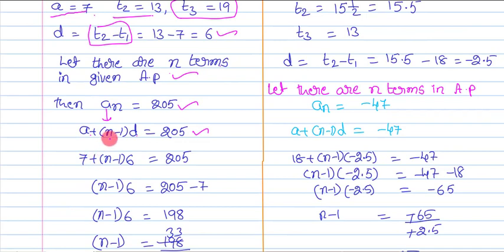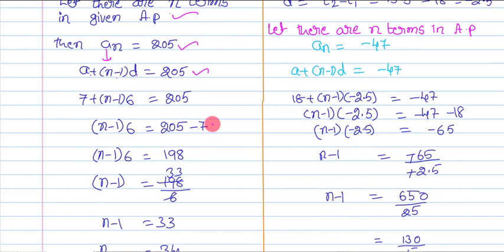So I can write it as 7 plus (n minus 1) into 6 is equal to 205. And transposing this positive 7 to the other side of the equation, it becomes negative. So (n minus 1) into 6 is equal to 205 minus 7. So (n minus 1) into 6 is equal to 198.